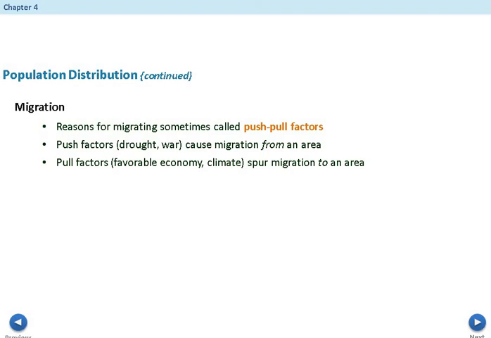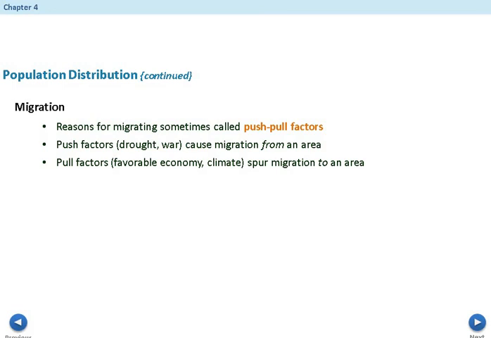A push factor is pushing someone out of the country. These could be things like droughts, wars, famines, or not enough jobs. Push factors make people leave the country. Pull factors are things that might bring someone into the country, like good jobs or favorable cultures.